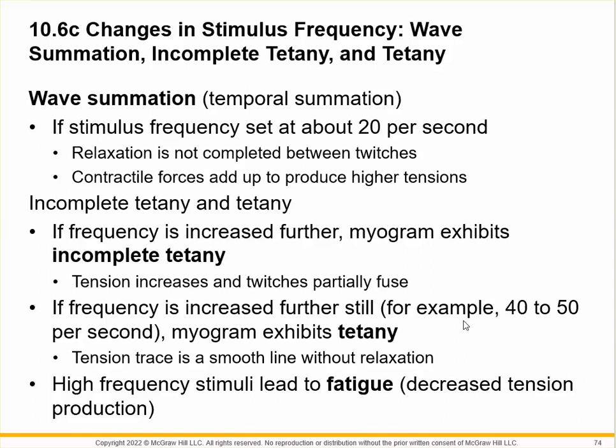And there's two types of tetany. There's incomplete tetany and there is full tetany. The problem with this is that it leads to fatigue, that the contraction is using up ATP so quickly and producing probably pH changes and a few other things that the muscle will fatigue.